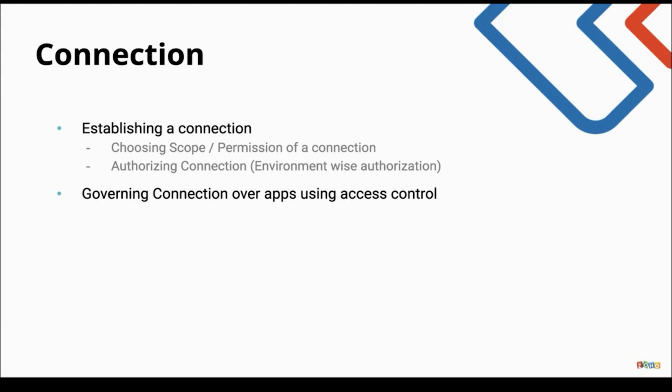We can understand all the applications which are accessing that particular connection, and we can decide whether that particular application or environment is supposed to have access to this connection, so that we can regulate the use of our resources with the third party services.